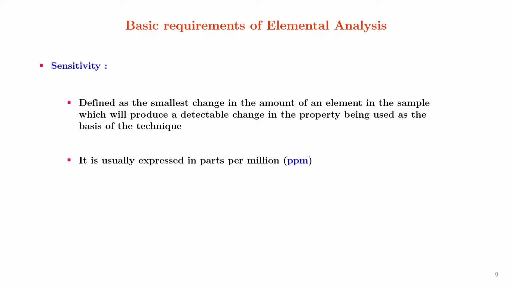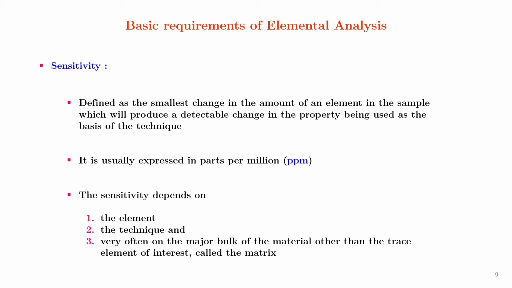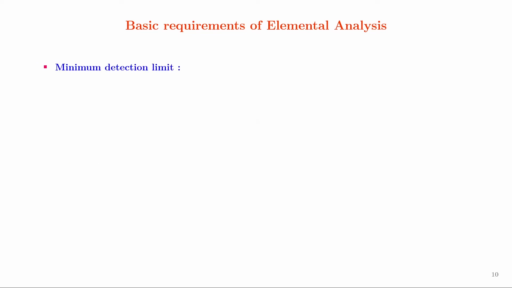It is usually expressed in parts per million or ppm. The sensitivity, of course, will depend on the element and the technique, and very often on the major bulk of the material other than the trace element of interest, called the matrix.